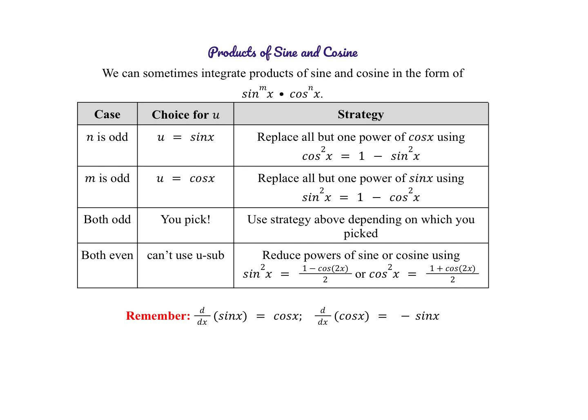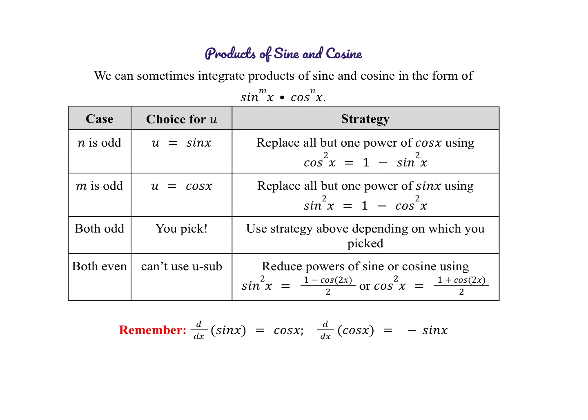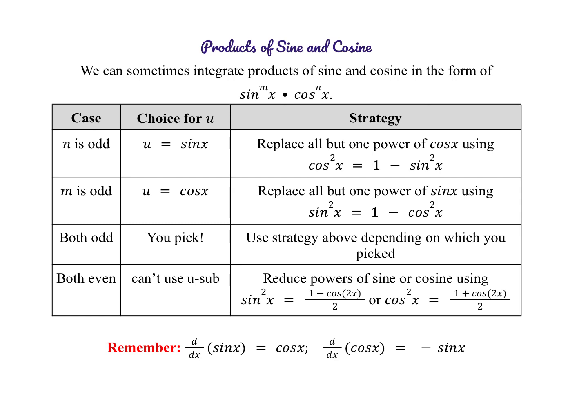All right, so today we're going to be talking about strategies to help us integrate when we have products of sine and cosine within our integrand. There's a few different cases. If we call m the degree of sine and n the degree of cosine, then if n is odd, meaning you have an odd degree of cosine, our strategy is to replace all but 1 power of cosine.